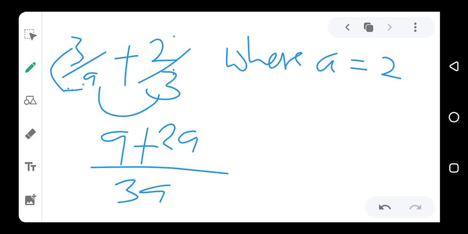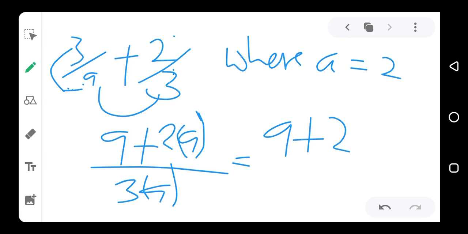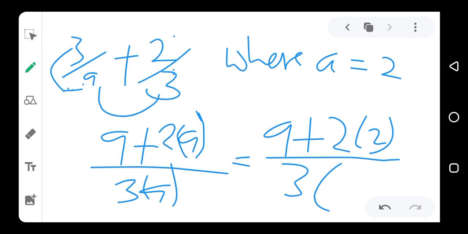Now we are told that a is equal to 2. So what we are going to do is that we put the value of a inside this. We use the 2 to substitute for the value of a in this. So we're going to have 9 plus 2 times 2, because a is equal to 2, over 3 times 2, because a is also 2.